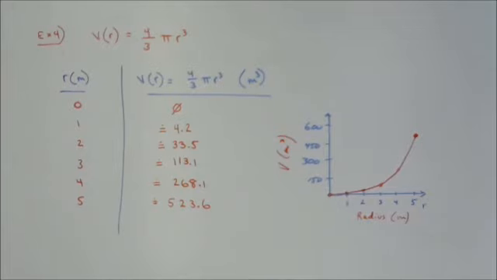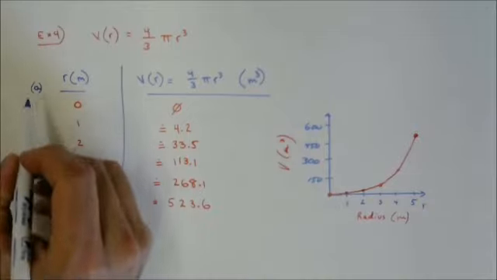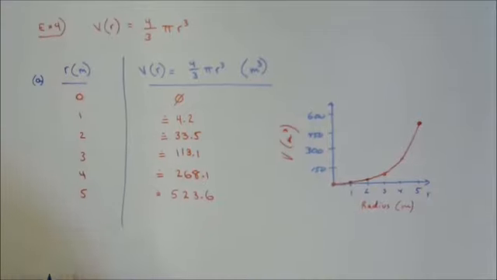Domain and range. x belongs to the set of real numbers, and x is greater than or equal to 0 and less than or equal to 5. Can I give an easier way to do it? Let's write it that way, sure.